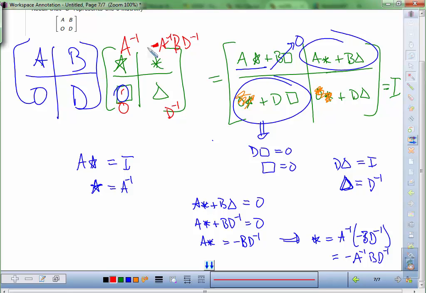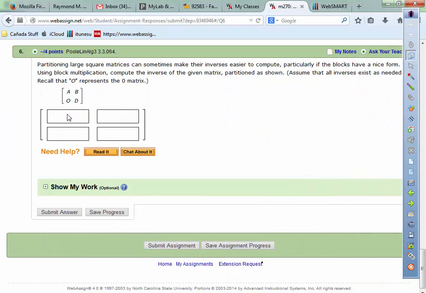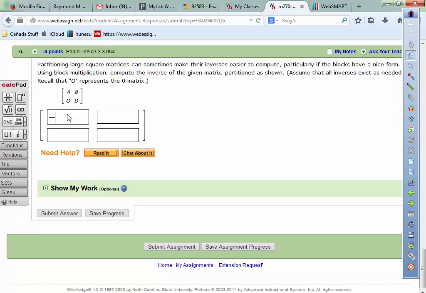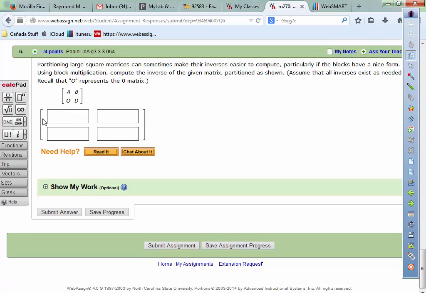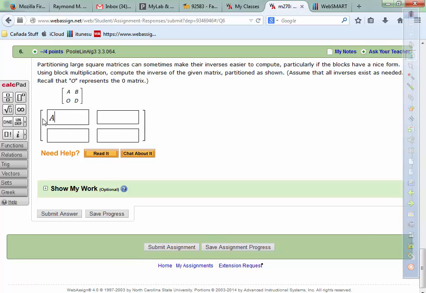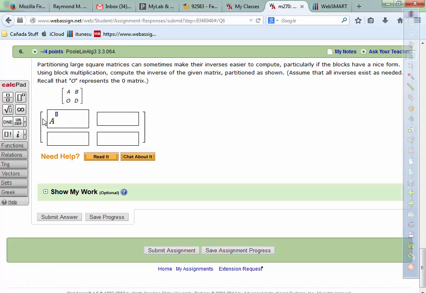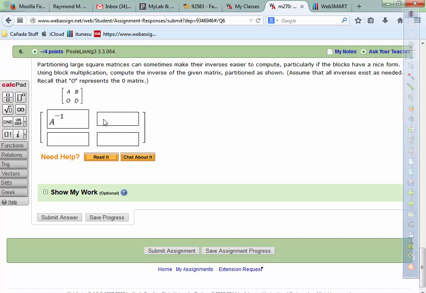And it was what? Well, let's see. A inverse, right? You have to enter it as capital O, not as 0, because that's what O represents as a zero matrix.